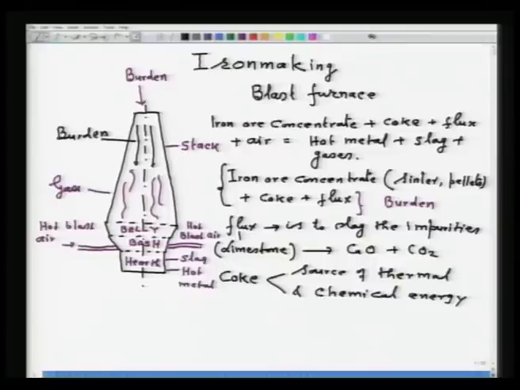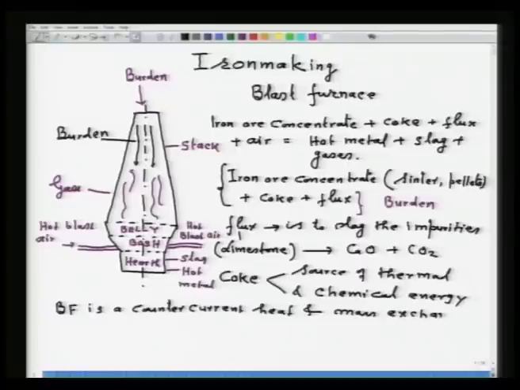So, from a conceptual point of view, the blast furnace, which I will denote by BF, is a counter current heat and mass exchange reactor. Needless to mention that in any counter current heat and mass exchange reactor consisting of gas and solid, the permeability of the bed and the distribution of the burden is a very important issue.